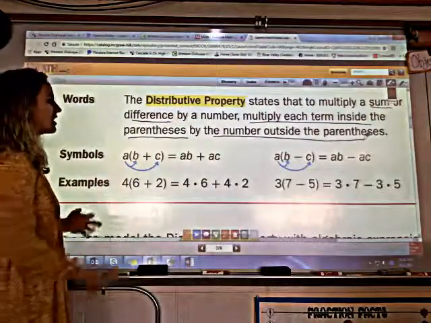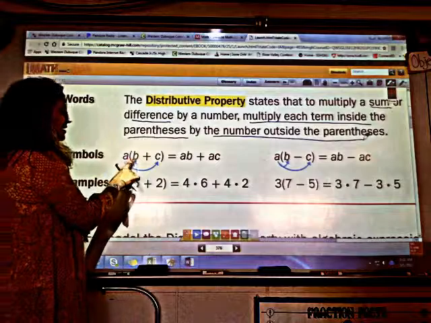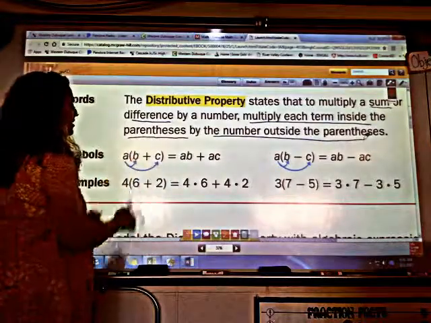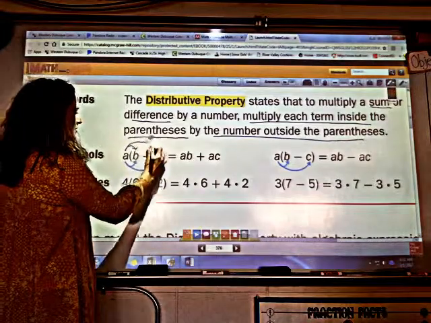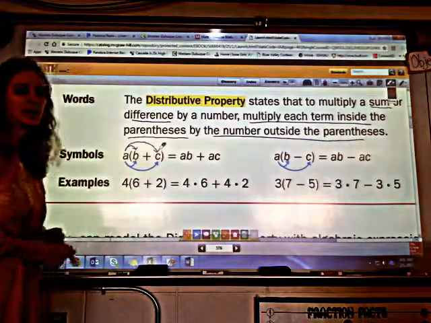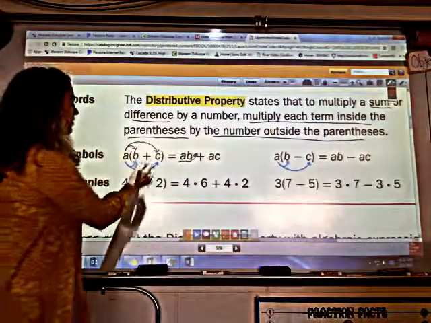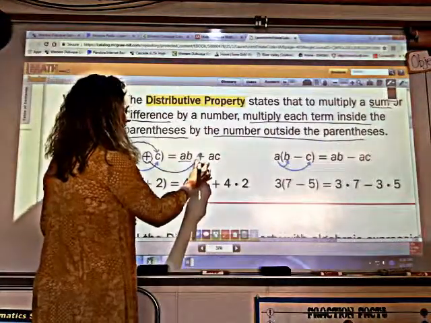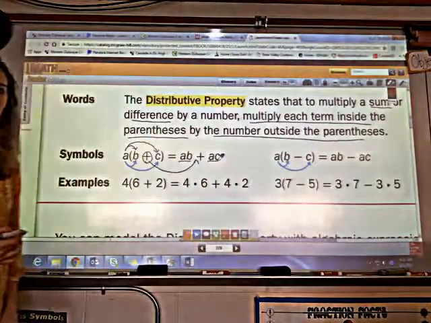When I look at this one, for example, they're giving me an algebraic expression. I have A times, in parentheses, B plus C. What I'm technically thinking is I'm taking A times B and then A times C. A times B is going to give me AB. My sign in here was addition, so I'm going to be adding. And then A times C would be AC.